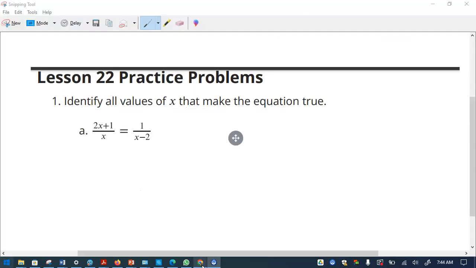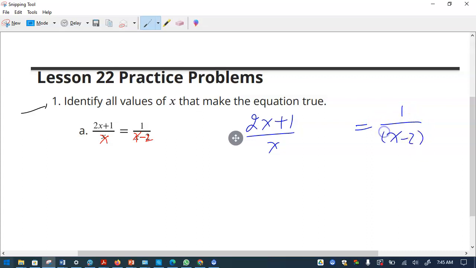So how do we solve the first problem? I can see you use the cross product. Now there's an x here and this is x minus 2. So one way to do it is to write the same thing: (2x plus 1) over x equals 1 over x minus 2.